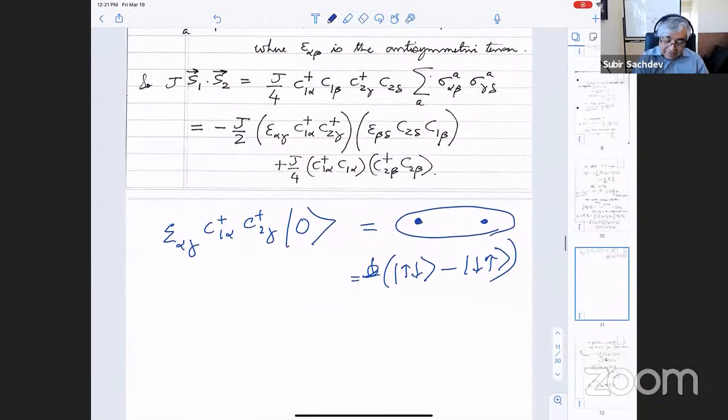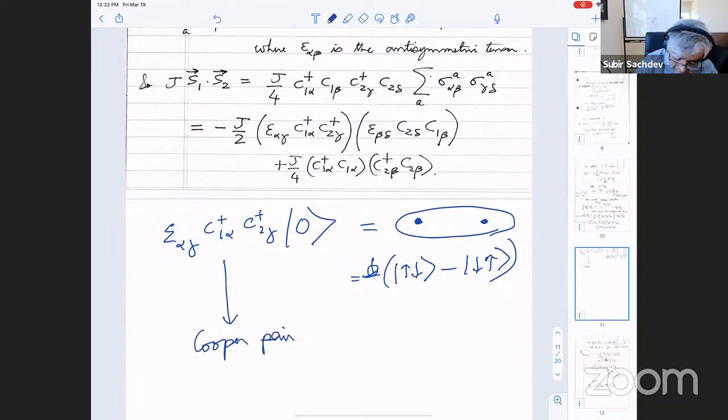And so what is this operator? It's basically the Cooper pair operator. I could think of this as a Cooper pair on a bond of the square lattice, or link of the square lattice is a better word.